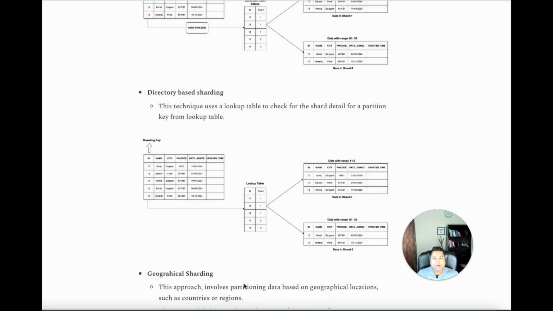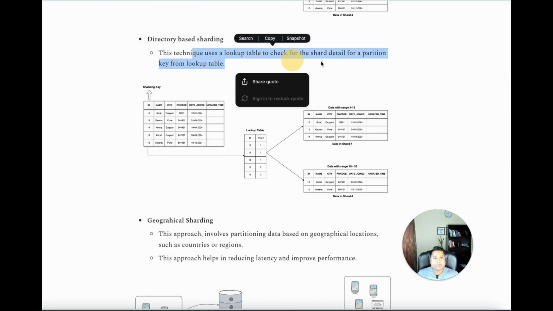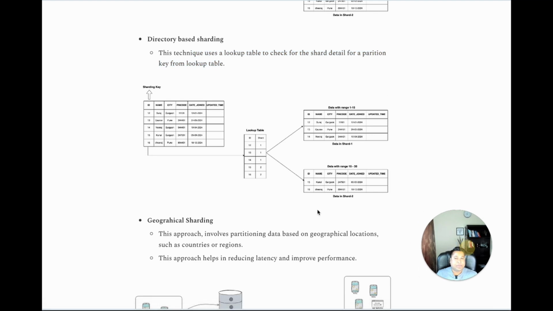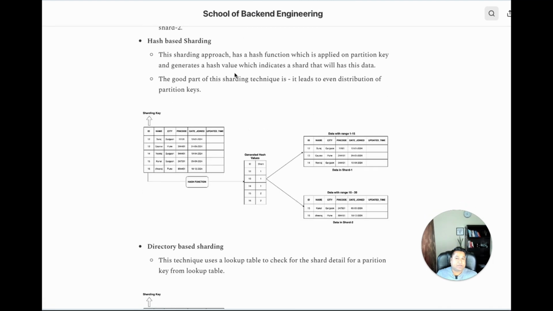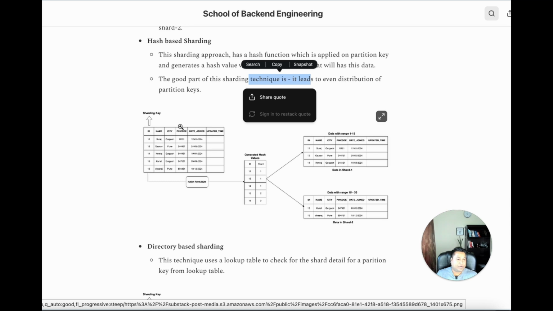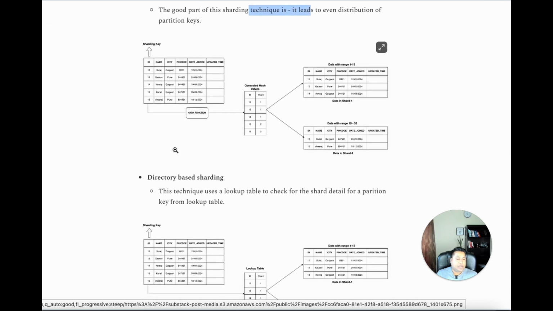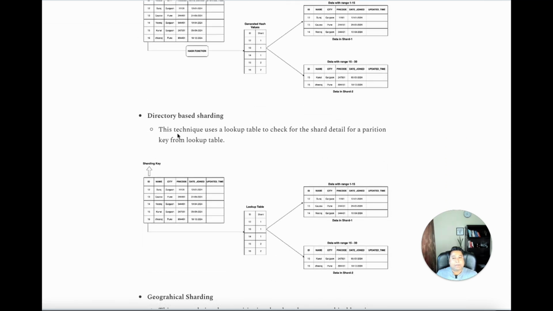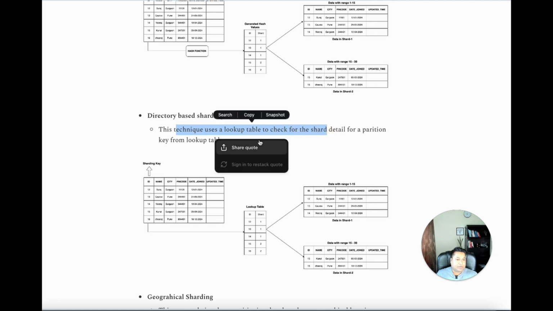Now the good part of this approach is, as I said, if you are using any hash function which depends on the number of shards, it could lead to a problem, right? But directory based sharding is not a problem, because it's not dependent on the number of shards.